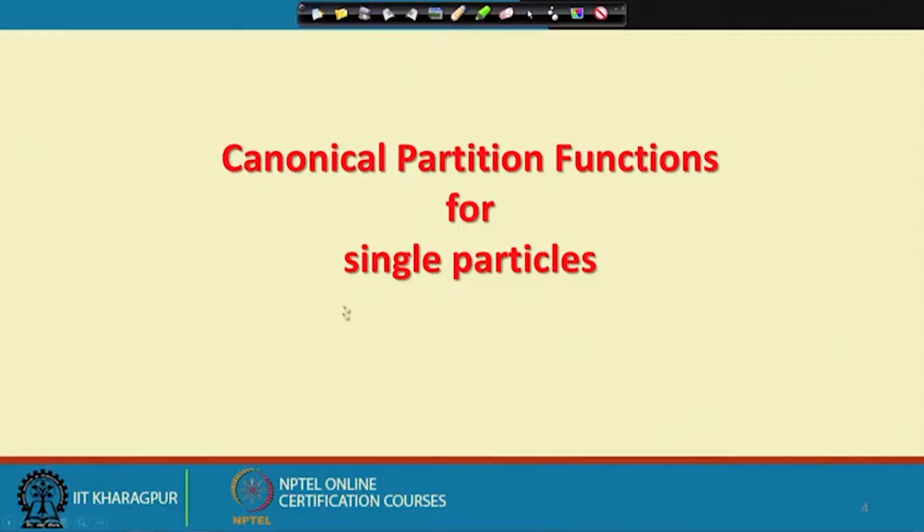We are going to start by calculating the canonical partition function for single particles. We have already seen a lot of single particle systems for which we have discussed in detail the solution of the Schrodinger equation and how to count the states under the isolated condition. Now, we are going to use those concepts once again.